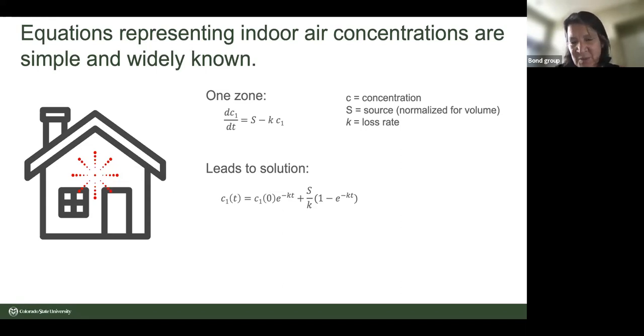In a single zone, you can write a very simple differential equation that says the change of concentration with respect to time is the source minus a loss term, and that loss term is proportional to how much concentration is in the home because that concentration is getting carried out by an airflow. And there's a volume normalization in here, and I didn't bother to make that explicit, but it's there. And then it leads to a solution that has some exponentials in it. In terms of math, this is relatively simple math.